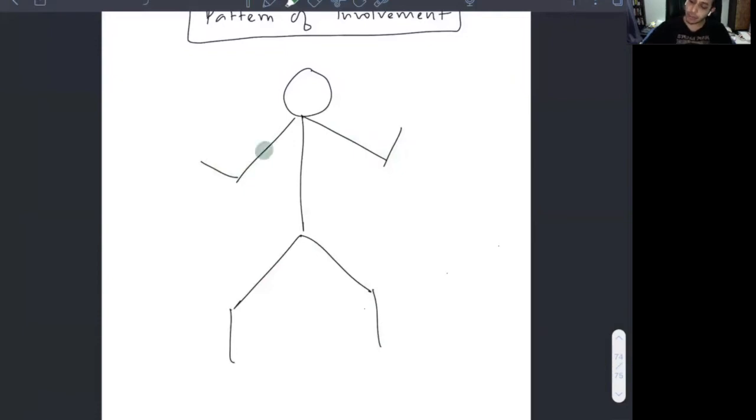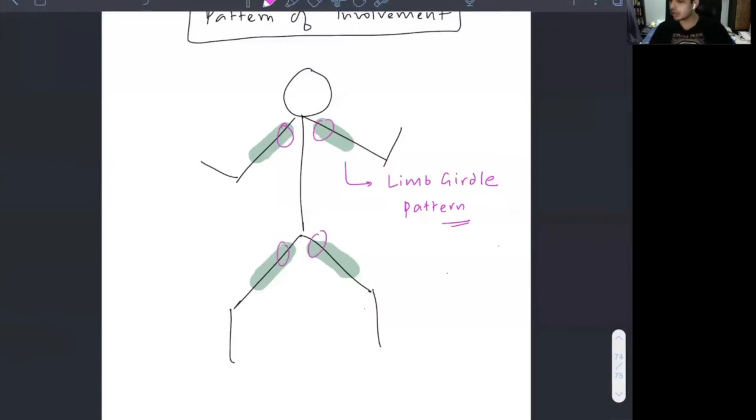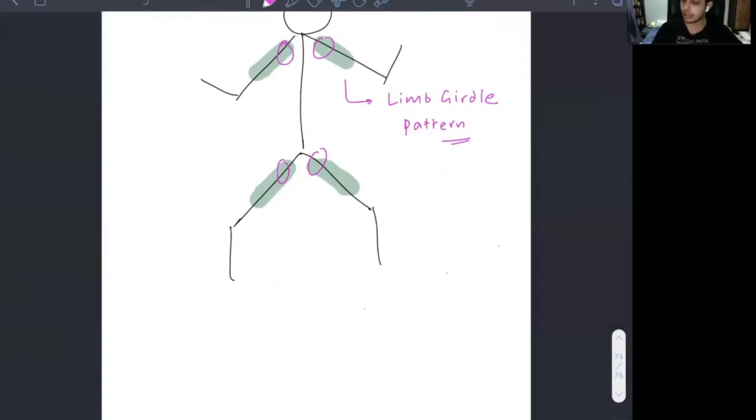You can have involvement of only your proximal part, and your distal part may be spared. This particular distribution is called limb girdle pattern. Your girdles are your shoulder girdles and your hip girdles. So just the proximal limb involvement is called limb girdle pattern.